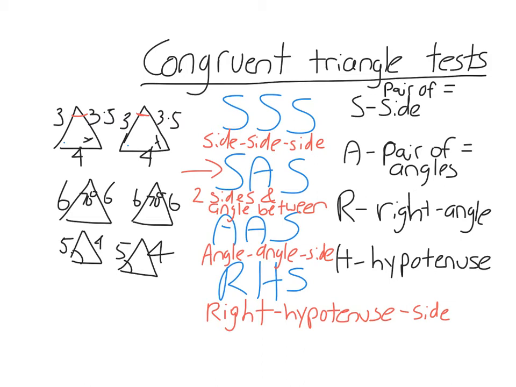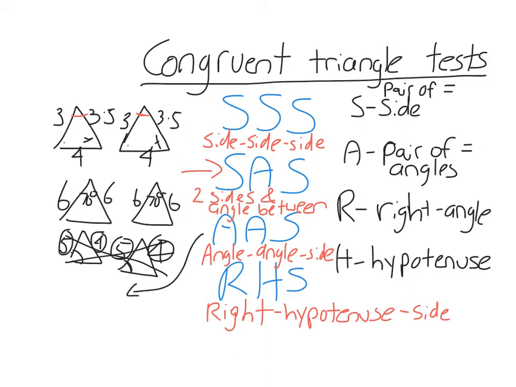So the reason is I have two pairs of equal sides, but not the angle between them. So I don't have enough information to say whether these two triangles are congruent. I can't say they're definitely not congruent, I just don't have enough information.